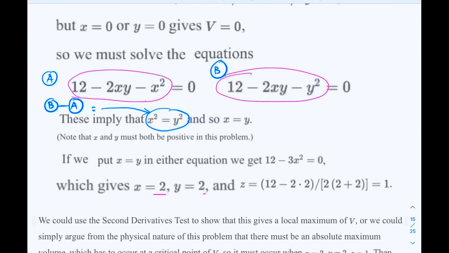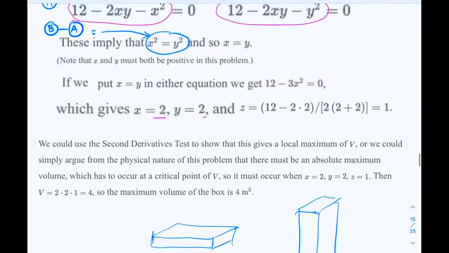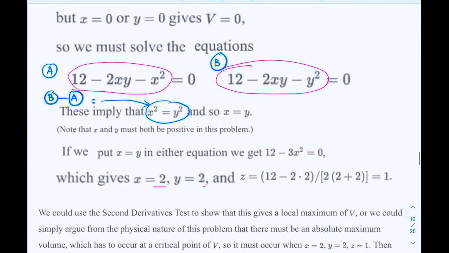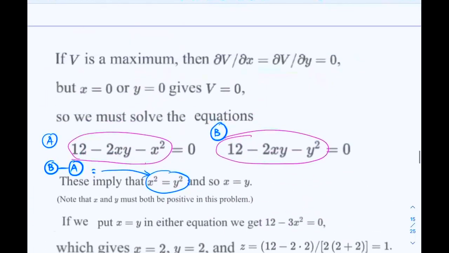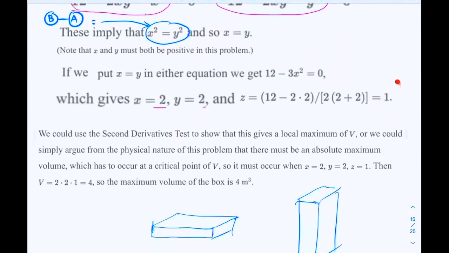Then you can put x and y back to figure out z. Z is equal to 1. After all this work, you see that the critical point is (2, 2). How do we know that? When x equals 2, y equals 2, and z equals 1, that gives you the maximum value of the box.